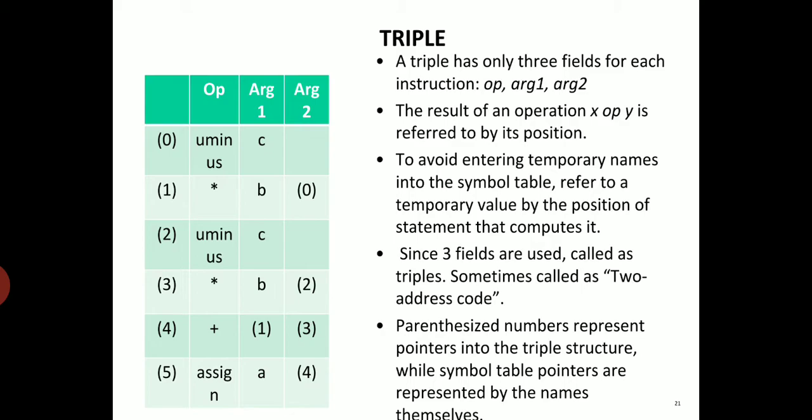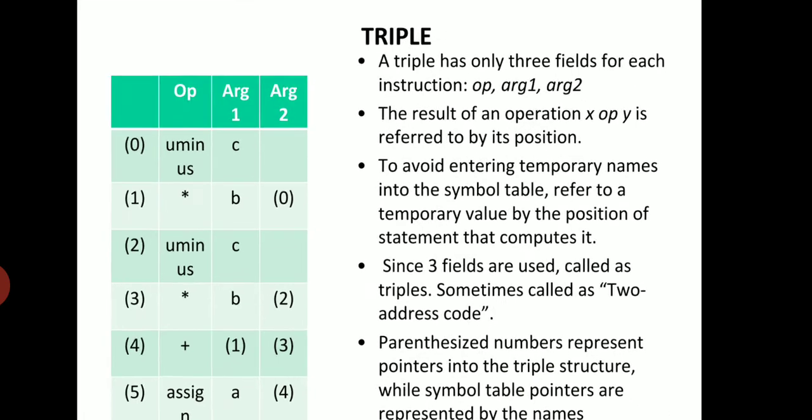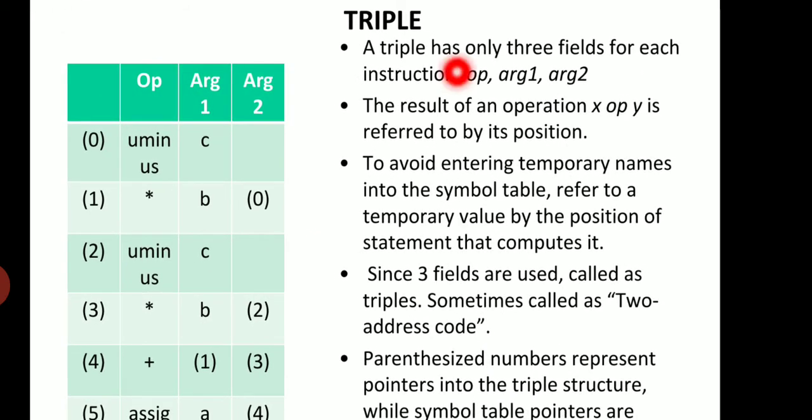Triple means, as the name implies, there will be 3 fields: op, arg1 and arg2. We have avoided the result field. Instead of the result field we have used the statement number itself. The result of an operation x op y is referred to by its position.